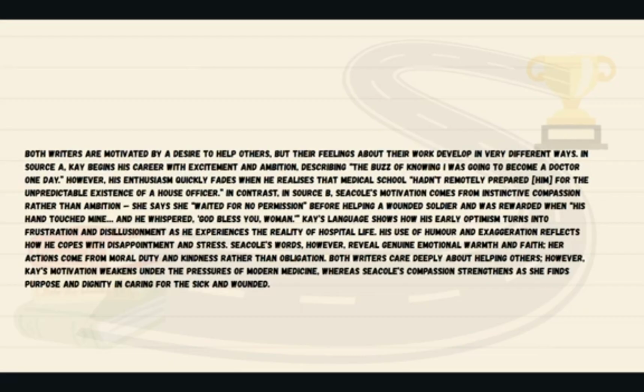In contrast, in source B, Seacole's motivation comes from instinctive compassion rather than ambition. She says she waited for no permission before helping a wounded soldier and was rewarded when his hand touched mine, and he whispered, "God bless you, woman." Kay's language shows how his early optimism turns into frustration and disillusionment as he experiences the reality of hospital life.